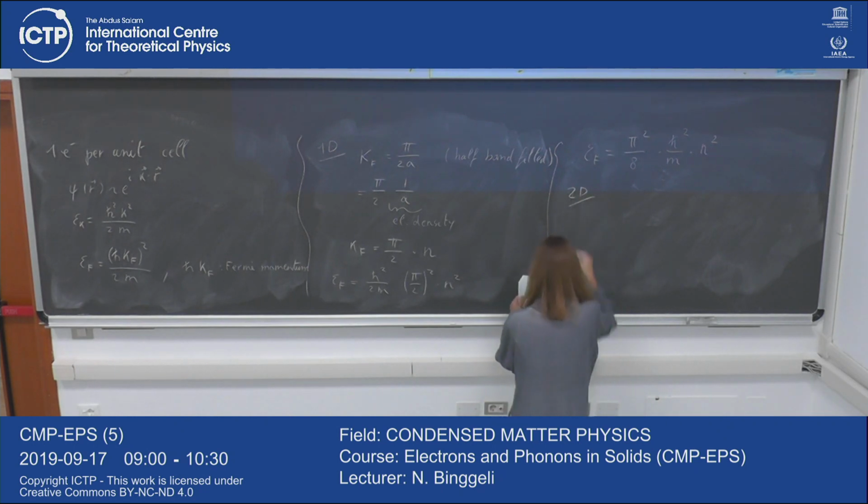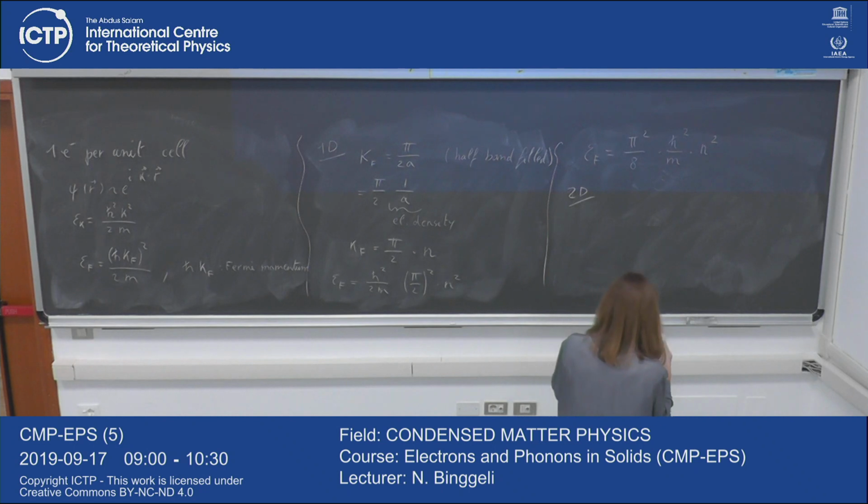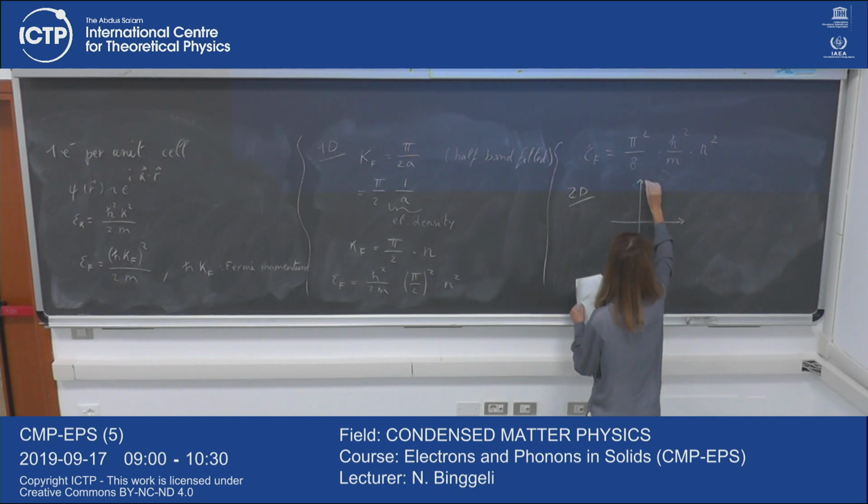Two-dimensional case. So in this case I will have a circle for the Fermi energy. So this is epsilon, k_x, and I will have a k_y.